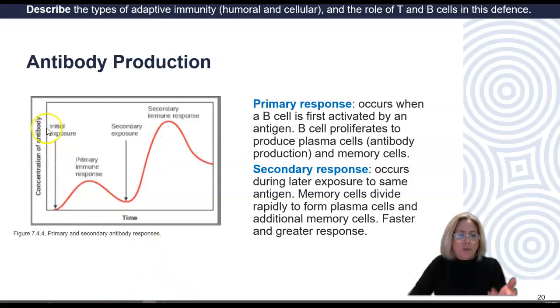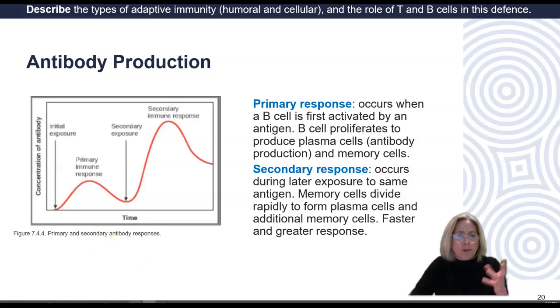So here we've got antibodies on the y-axis, time on the x-axis. And here we have an initial exposure to an antigen. And here we have this primary antibody-mediated adaptive response, which you can see takes time, and the magnitude of it is quite low as well.